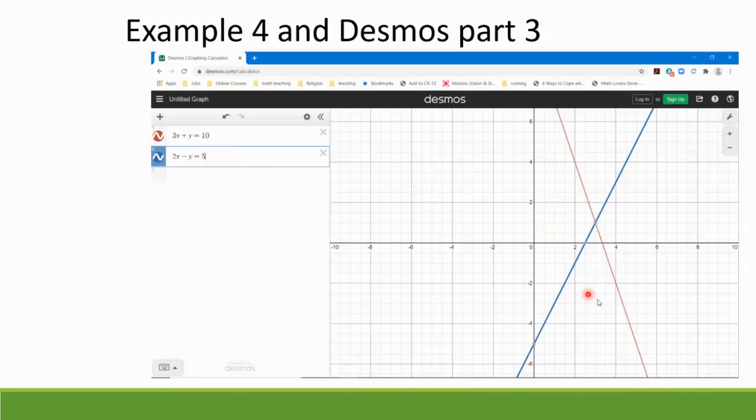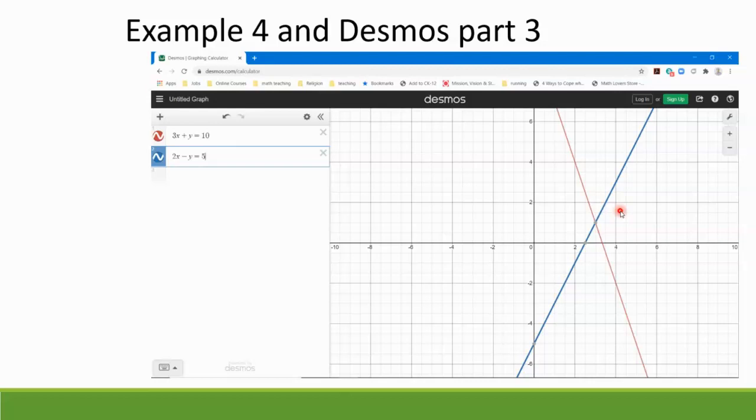And you'll see them graphed, and you'll see if there aren't any solutions. And again, you'll see if there are any points of intersection. That's what we're looking for, right? Remember, we're looking for points of intersection.